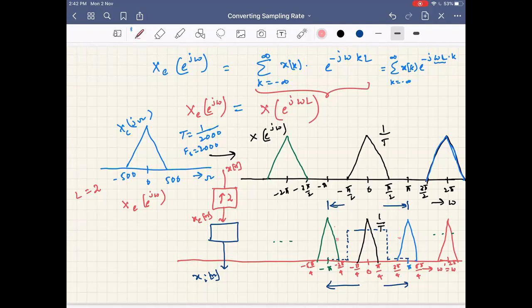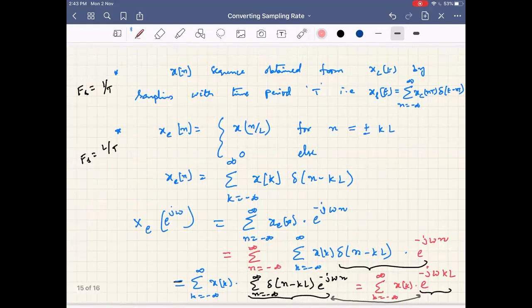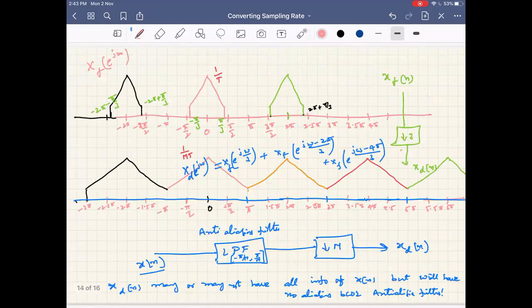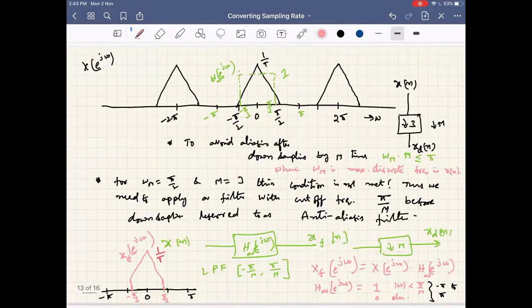The cutoff frequency of this low pass filter should be such that, see, usually how did we design a low pass filter, say to avoid aliasing? We have seen that the low pass filter captures the range minus pi to pi in the expanded spectrum.